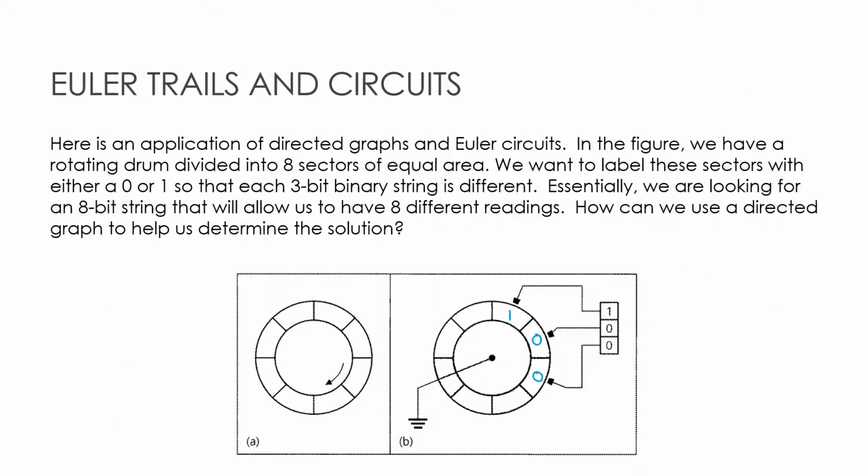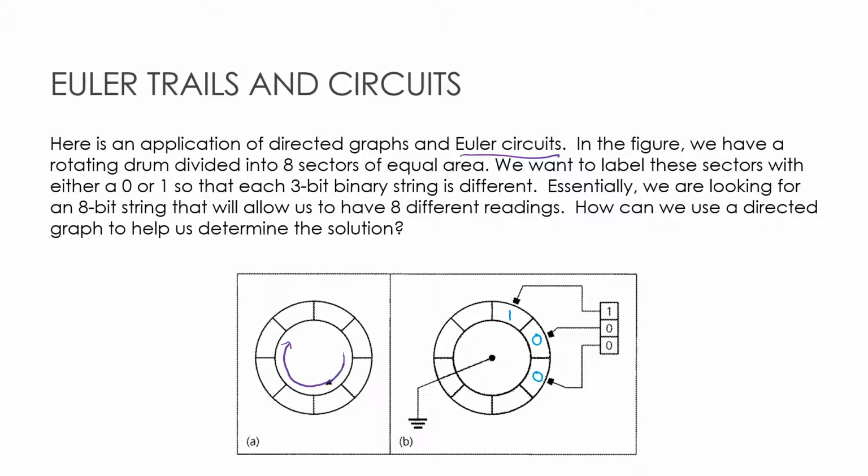So here's an application of particularly an Euler circuit where I begin and end at the same place. Again, there is no Euler circuit on this page, so you might be thinking I'm crazy, but my question here is that I have this drum that rotates, and we can see it's rotating in this direction.